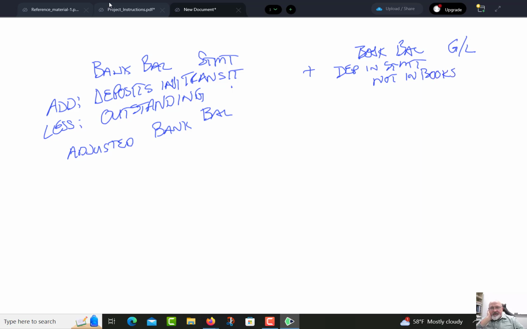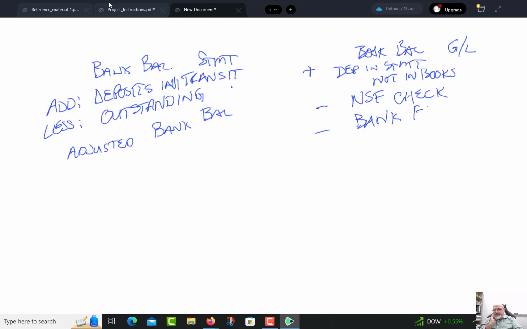Okay, if we have any cases where we've had a check come back from the bank as not sufficient funds, we want to take that out of cash. So if we have an NSF check, we're going to deduct it from cash. And then we're going to deduct any bank fees that they may charge us.